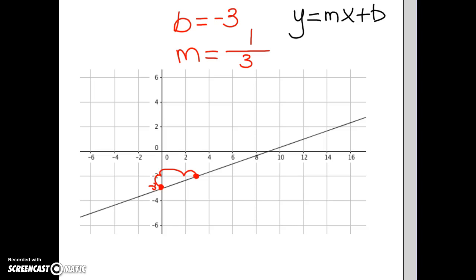Y and x stay as the dependent and independent variable. So y equals m, which is 1/3. I keep x, and instead of writing plus -3, I'm going to write -3. So that would be the equation of this line.